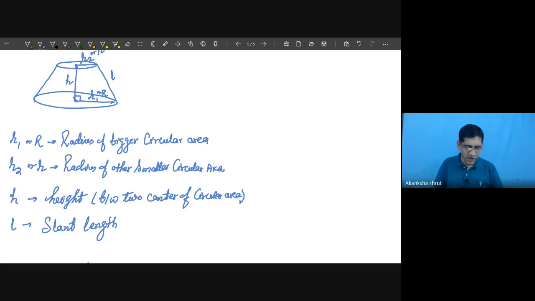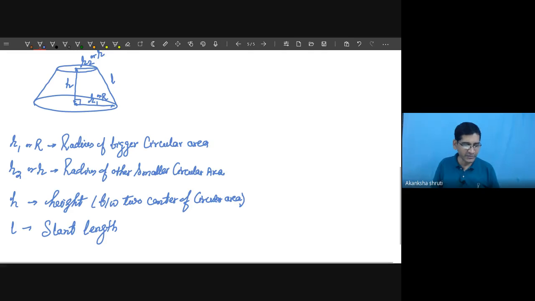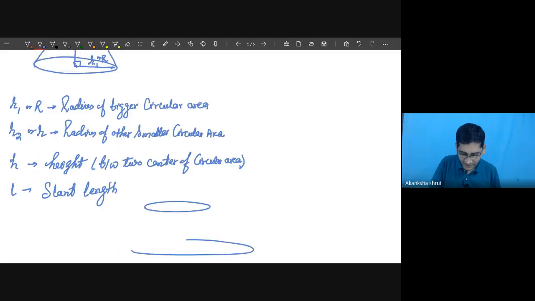Now, if we observe carefully, the slant length is not directly related with H and R1. But if we apply the Pythagoras theorem carefully, we can get it. Observe: one surface is this, the other surface is the bigger one.